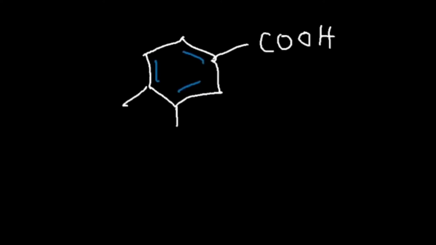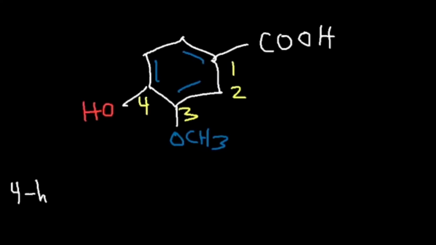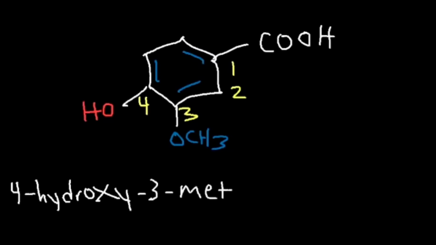Now, what if we add an alcohol and an ether to it? How can we name it now? So in this case, we want to count it clockwise, so we can get the 2 substituents at 3, 4 instead of 4 and 5. And then just put it in alphabetical order. So H comes before M. This is going to be called 4-hydroxy dash 3-methoxy.